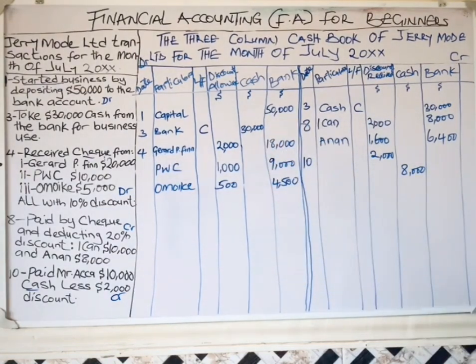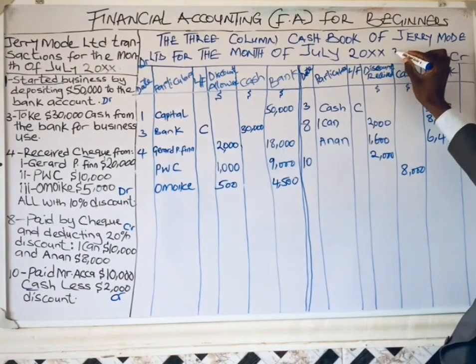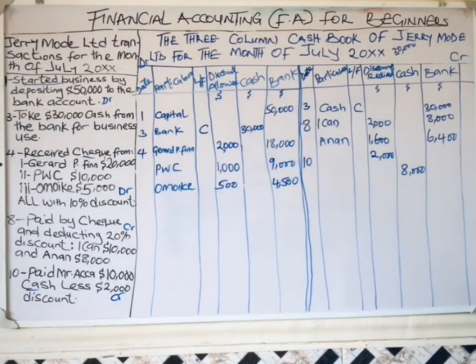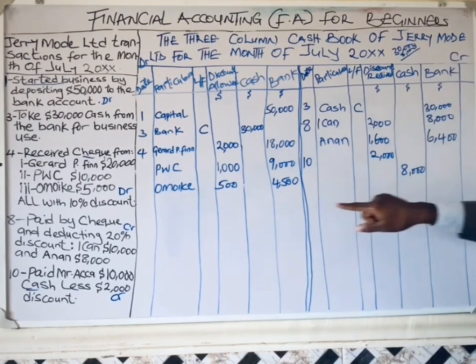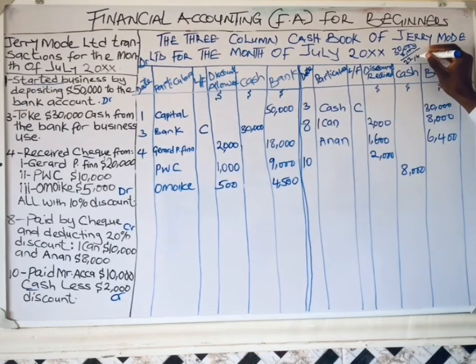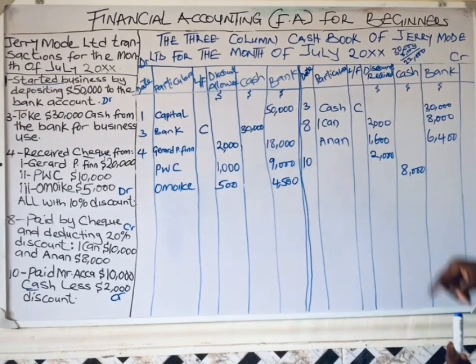In the cash column, at the debit side, we have $30,000. And the credit side, we have $8,000. So for you to make it the same, if you add it to give you 30,000, you look for the difference. And the difference is $22,000. So this $22,000 is the balancing amount.